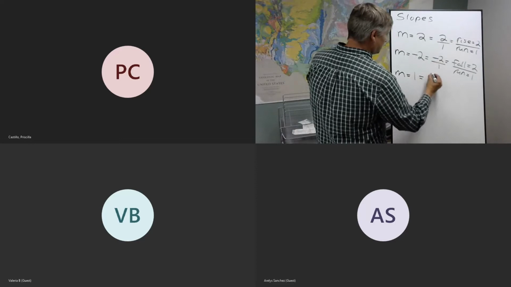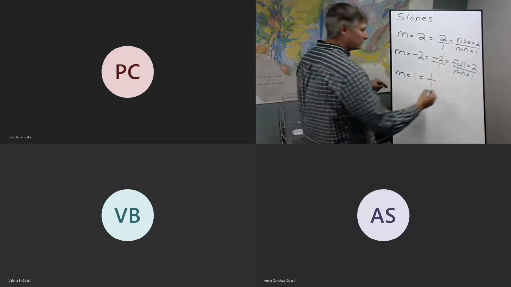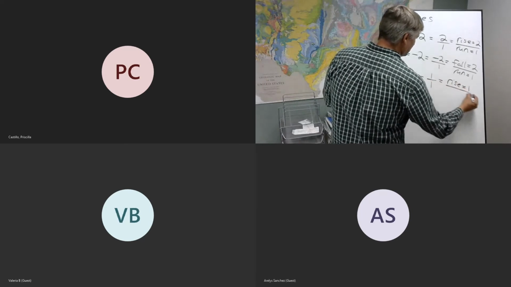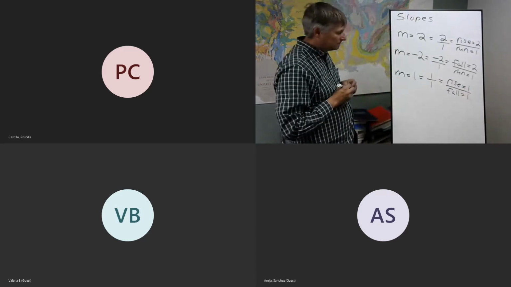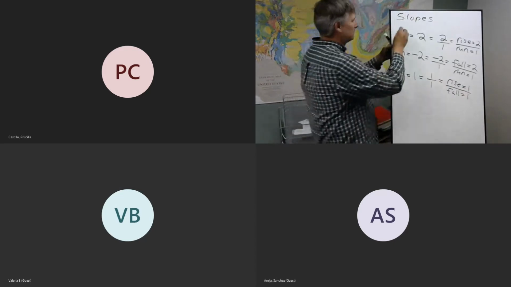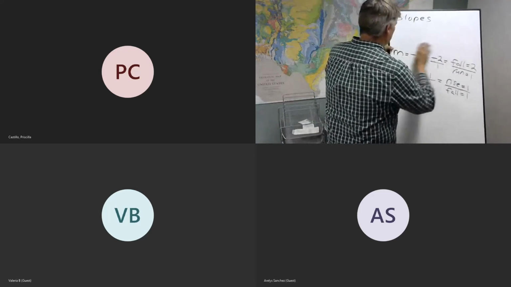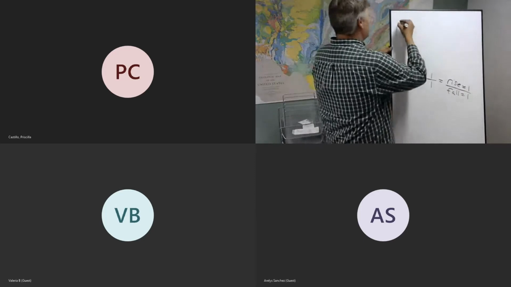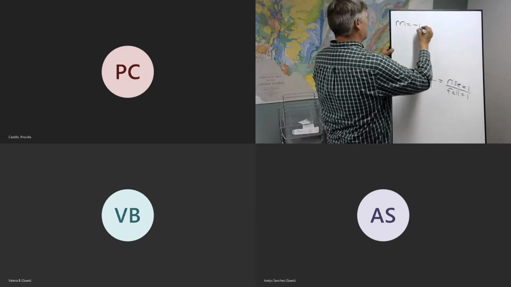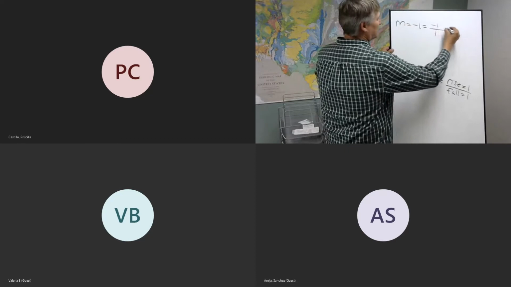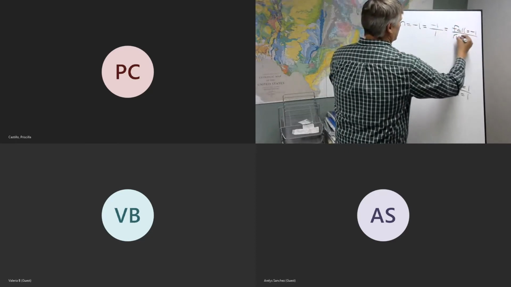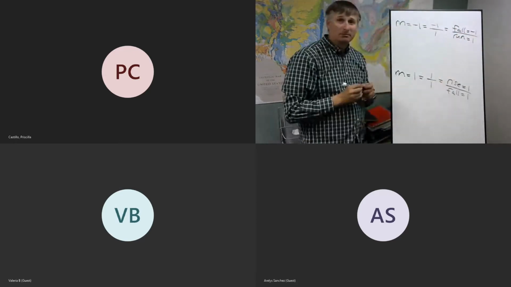For m is 1, it'll be 1/1, or a rise of 1 and a run of 1. M is -1. We have -1/1 with a fall of 1 and a run of 1.